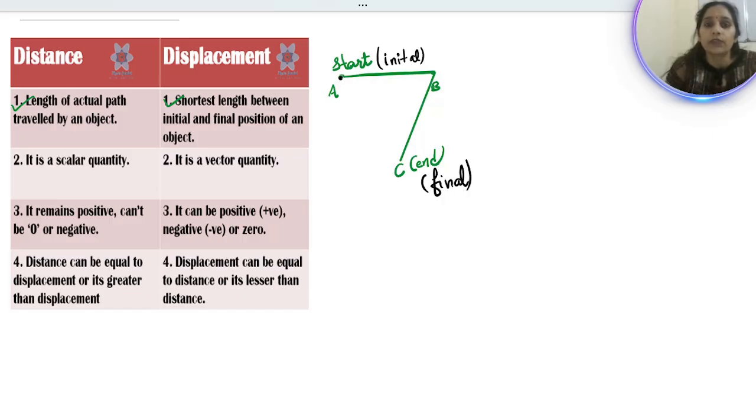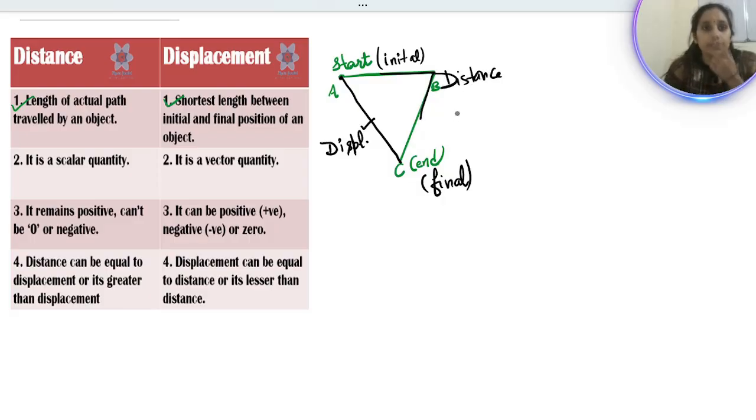So the object starts from A and ends at C. The object can also choose this path A to C. As we can see, this AC path is the shortest distance between A and C. This is known as displacement, and this whole path is known as distance.